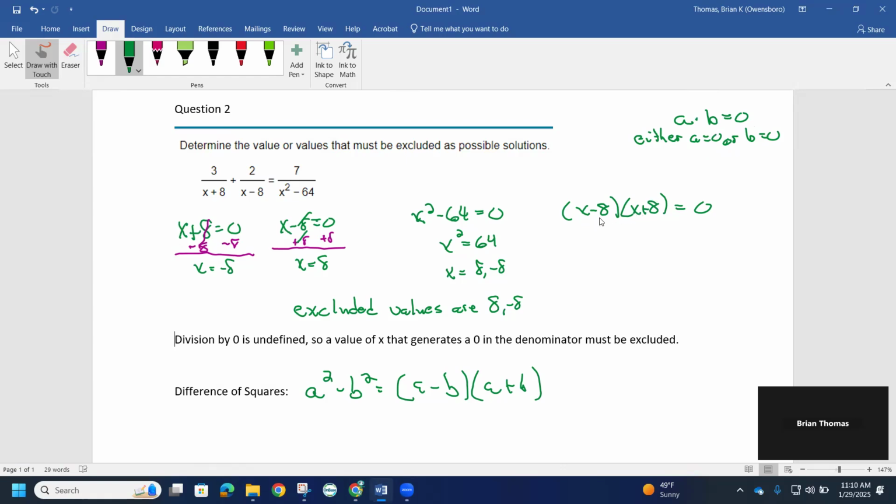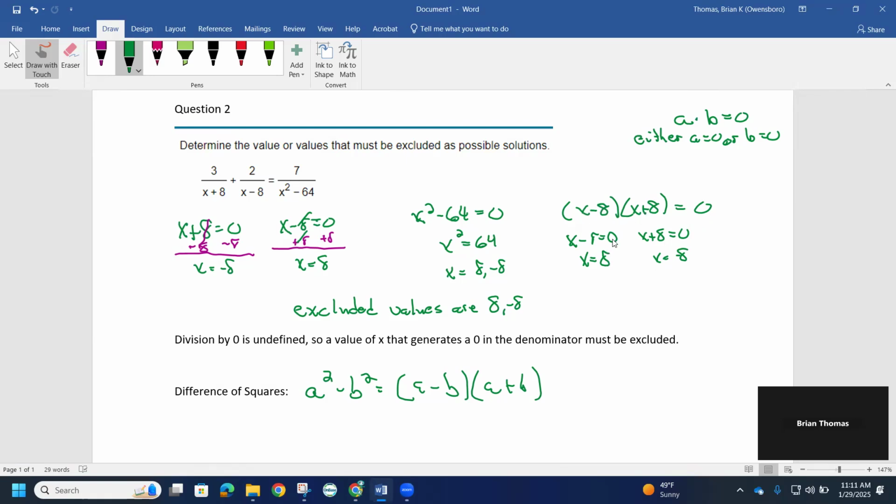So let's say x minus 8 is a factor. If I can determine what makes it turn to a 0, I can figure out what x is there. That would be x equals 8. And this is also a factor. So if I said x plus 8 equals 0 and solve that, that's how we get x equals negative 8. So both of those values, 8 or negative 8, would create one of these factors turning into a 0.